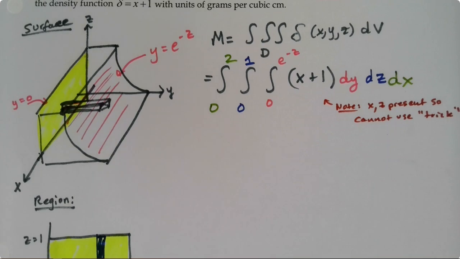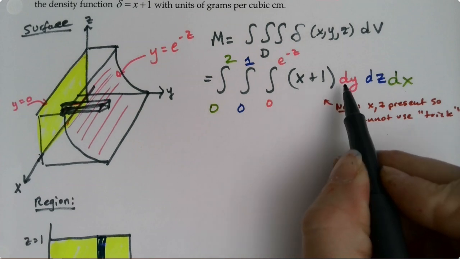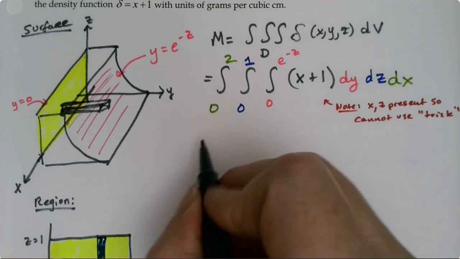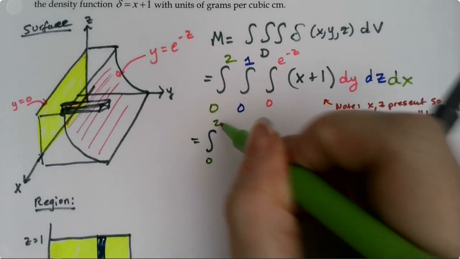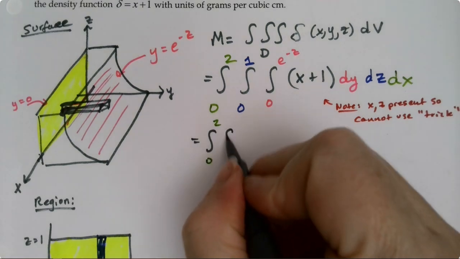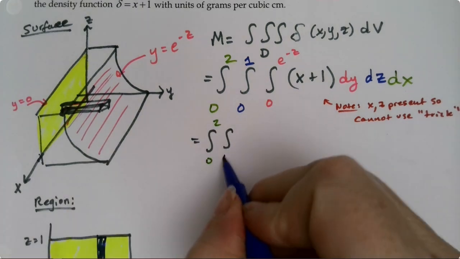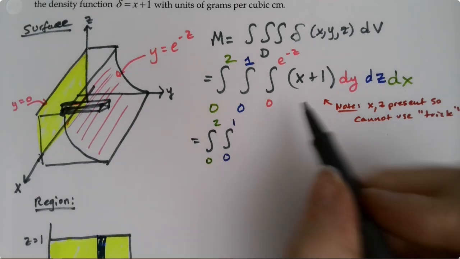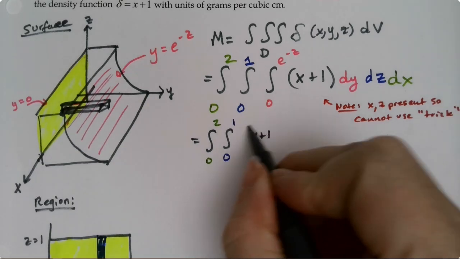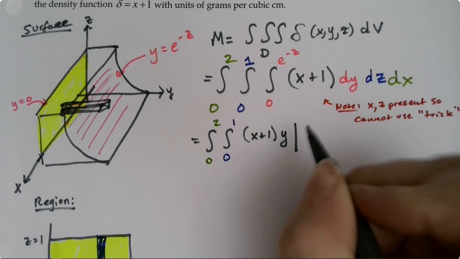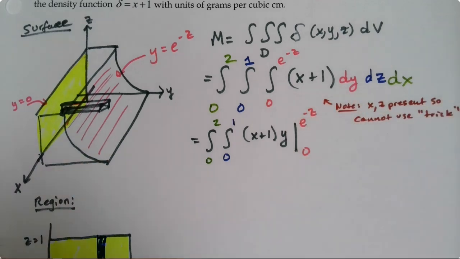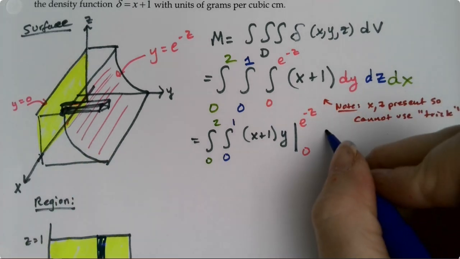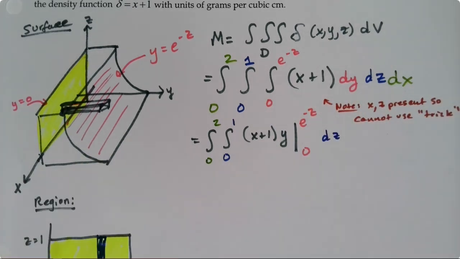All right, well, luckily this isn't too terrible. All right, so the integral of x plus 1 with respect to y would just be x plus 1 times y. So we're going to say the integral from 0 to 2, then the integral from 0 to 1, and then this is going to be x plus 1 times y, and y is going to go from 0 to e to the negative z, dz dx.